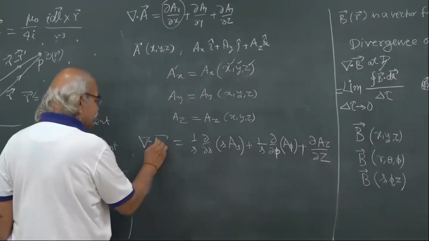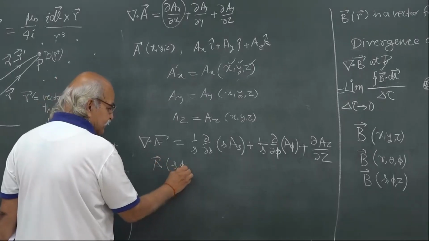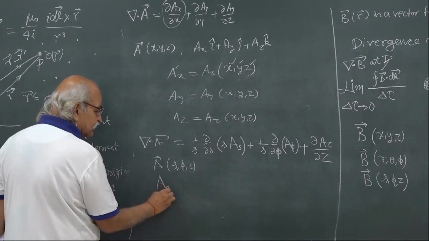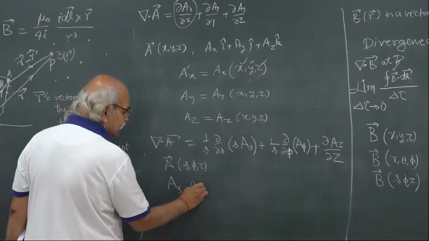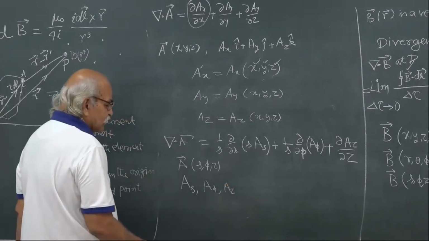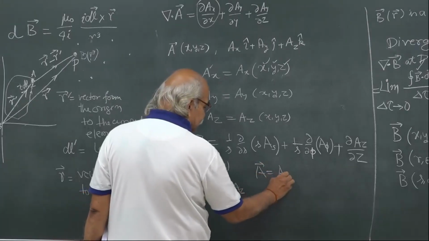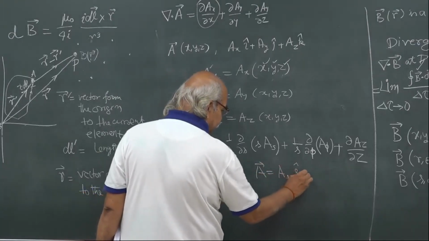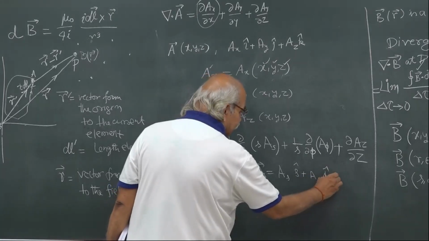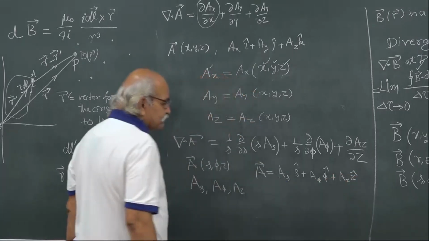So if this A vector is known as a function of s, phi and z, and the components will be in the s direction, in the phi direction and in the z direction, you will write A as As s cap plus A phi phi cap plus Az z cap or k cap.